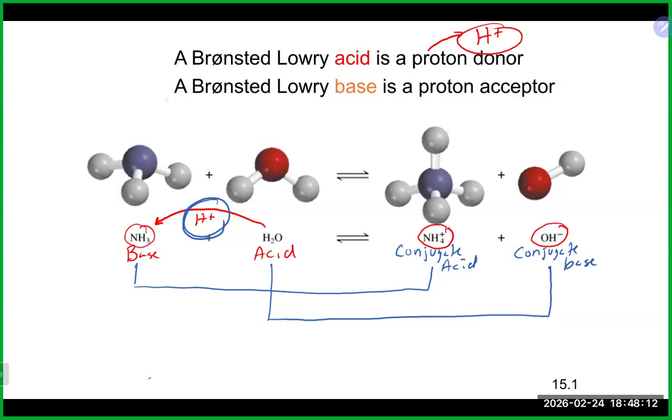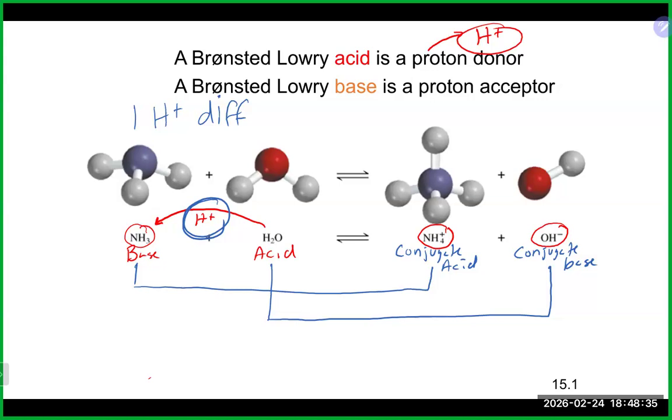The only difference can be one H plus difference between those things that are considered pairs. If you have anything that is more than one H plus difference or more element difference, those things are not related to each other in terms of Bronsted Lowry acid base conjugate pairs.